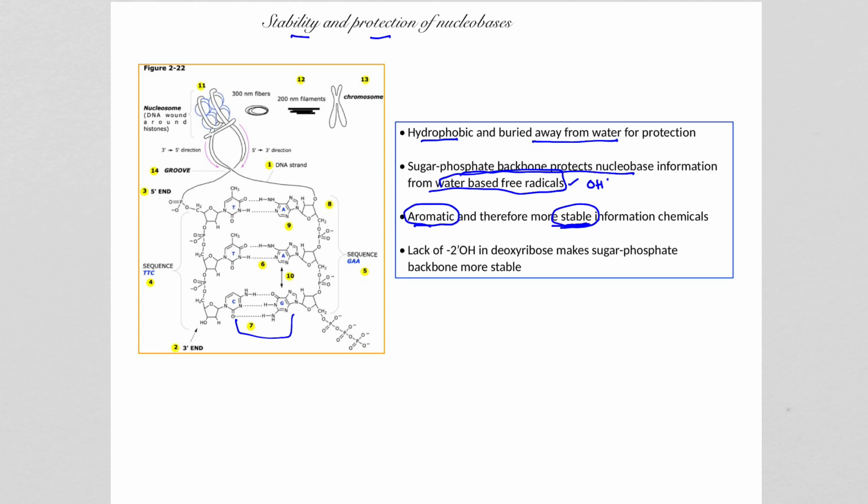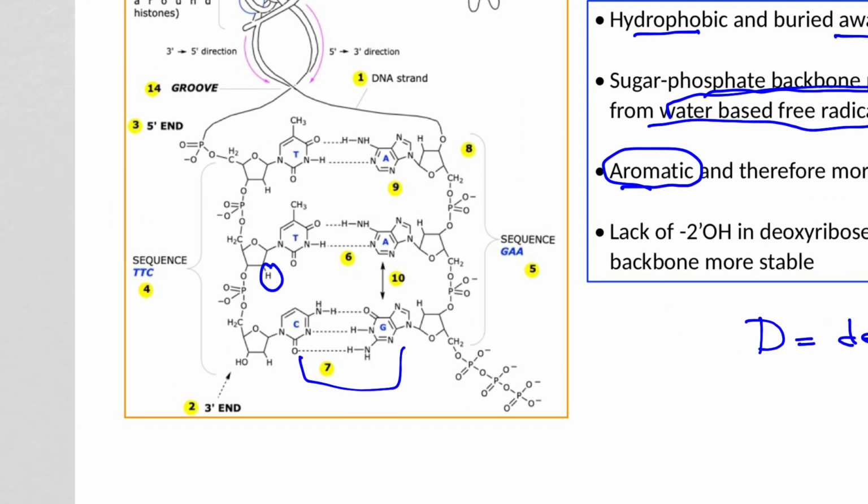Another very important feature of DNA is, remember, DNA is deoxyribose. The D stands for deoxyribose. So you can see on the sugar there is no OH here. What if there was an OH? If there was an OH here, this OH could attack this very near phosphate on the backbone and break this phosphate.